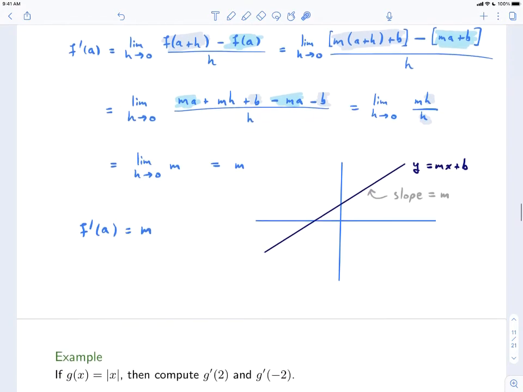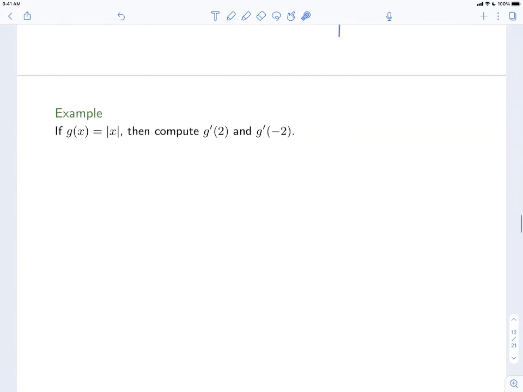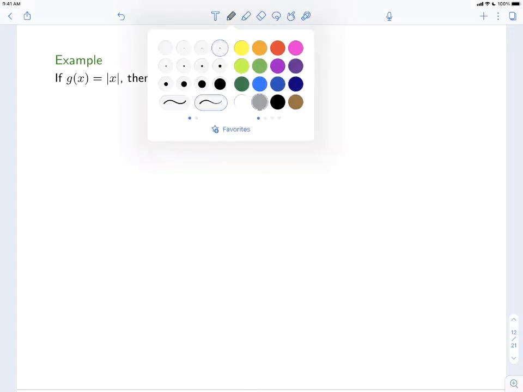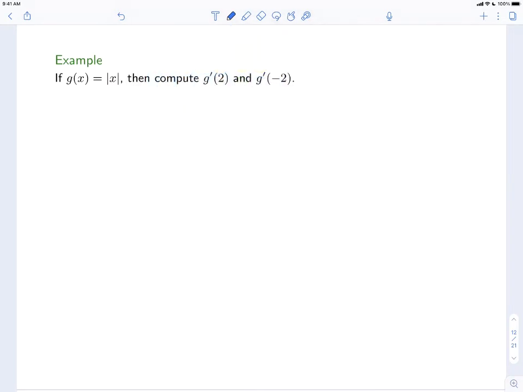Let's look at another example. Here we have the absolute value function. If g at x is equal to the absolute value of x, then compute g prime at 2 and g prime at negative 2. So let's start with g prime of 2.